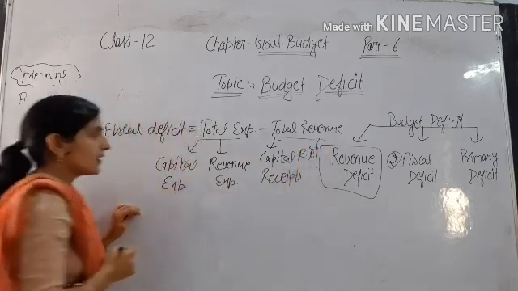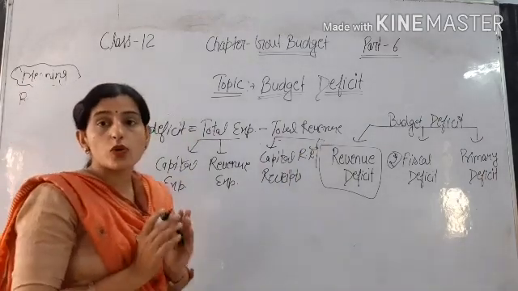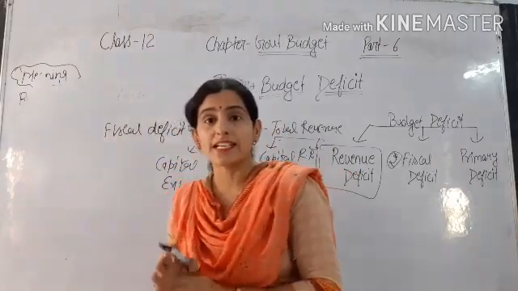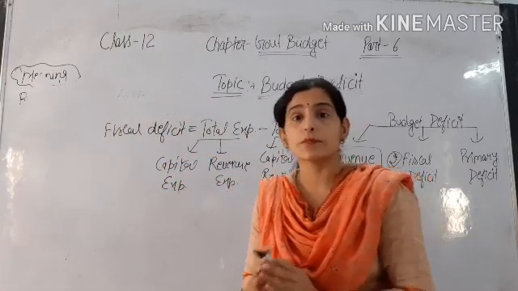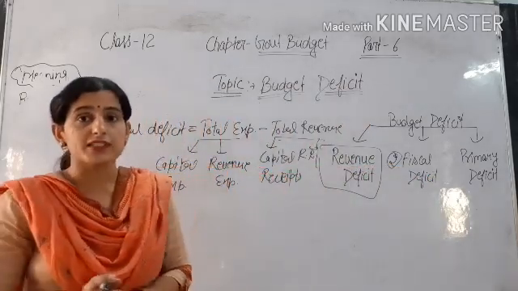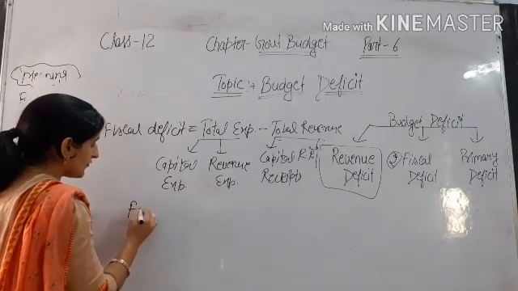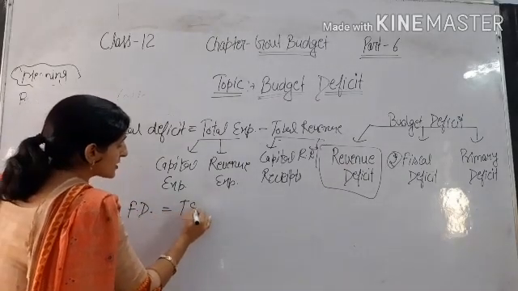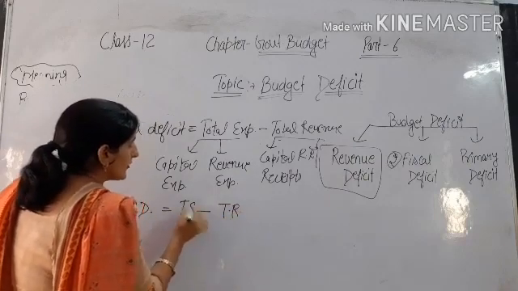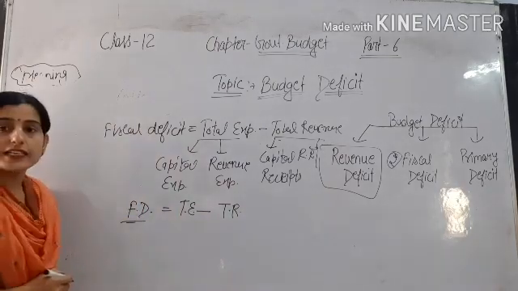So when government total expenditure, meaning capital expenditure and revenue expenditure, is greater than their total receipts, meaning revenue receipts and capital receipts, then there is fiscal deficit. So fiscal deficit we calculate as total expenditure of the government minus total revenue of the government. This is called fiscal deficit.